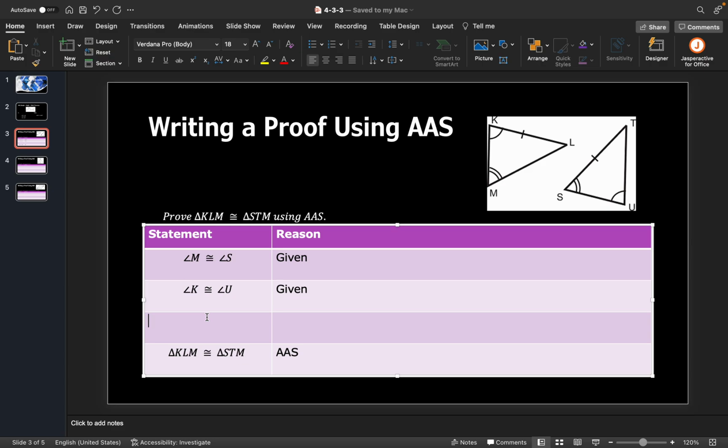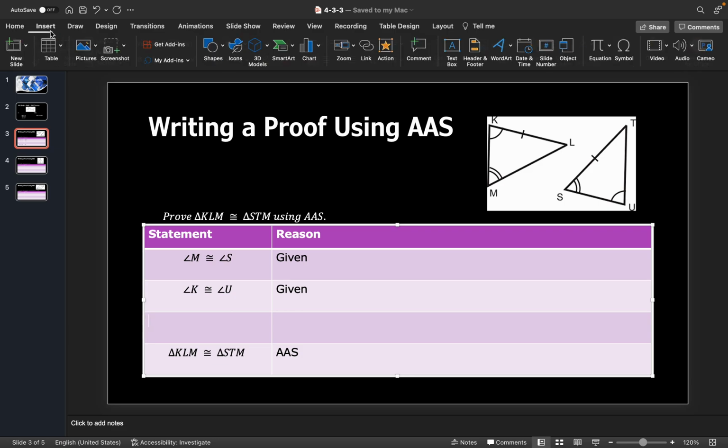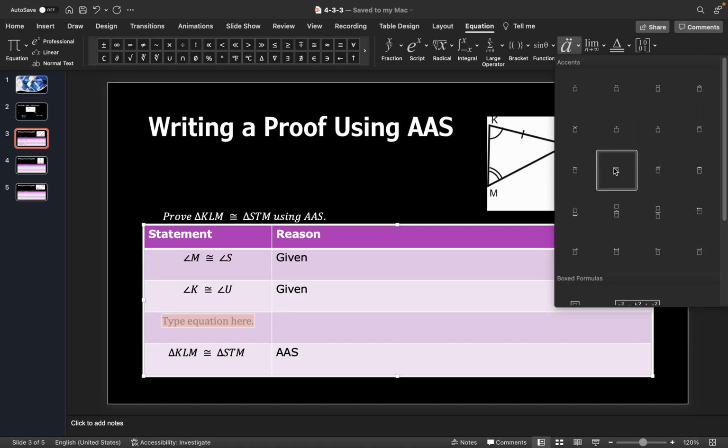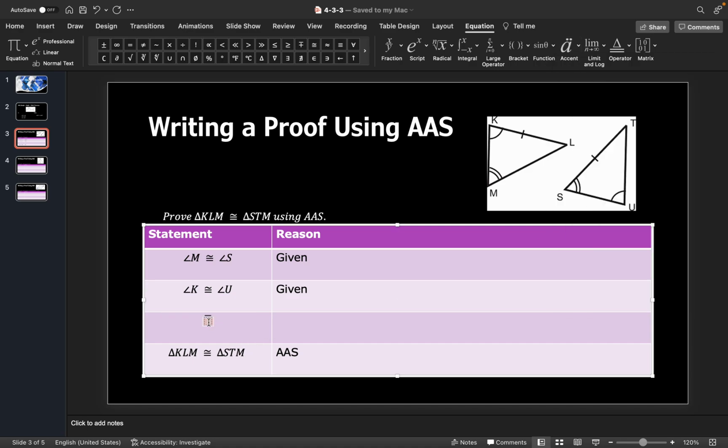And then here, I need to get onto the side part, right? So I need to go ahead and insert an equation. This is an accent bar. Click on it.